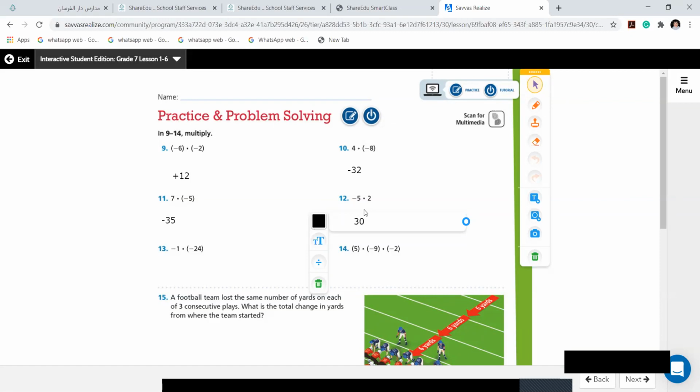What's the sign I should put here? Minus. Very good. Minus 10. Don't see the bigger number. Just see the opposite signs, it will be minus.